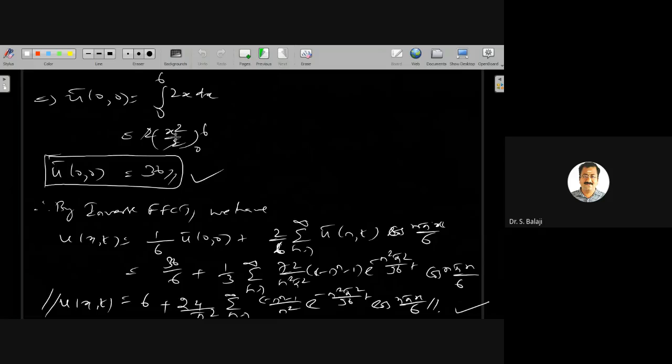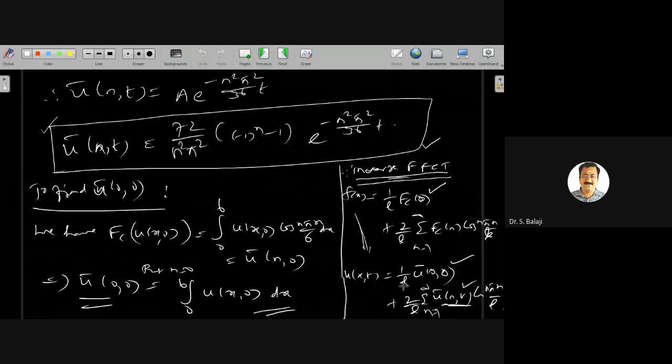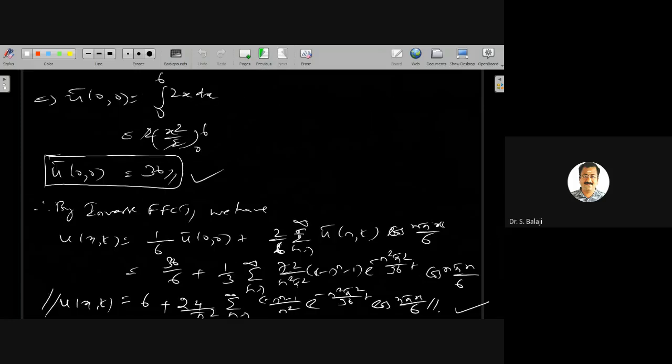Then we use the inverse finite Fourier cosine transform. u(x, t) can be written as 1 by L, which is 1 by 6, u bar of 0 comma 0, plus 2 by 6, which is 1 by 3, summation n equal to 1 to infinity of u bar of n comma t cos(n pi x by 6).